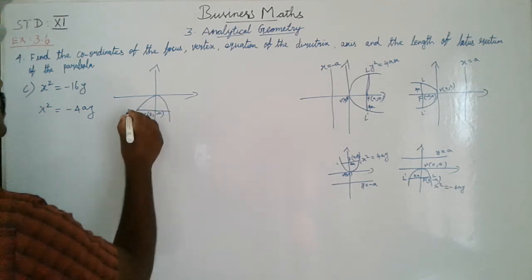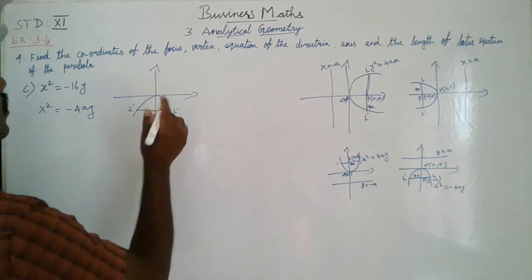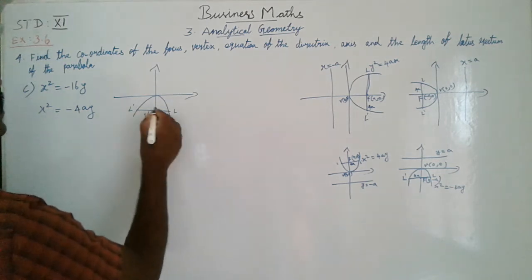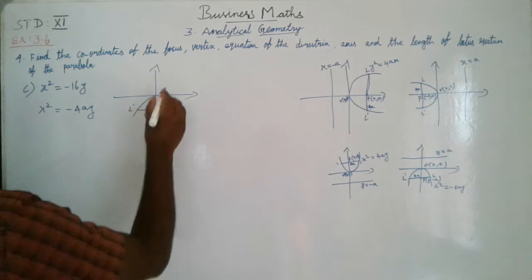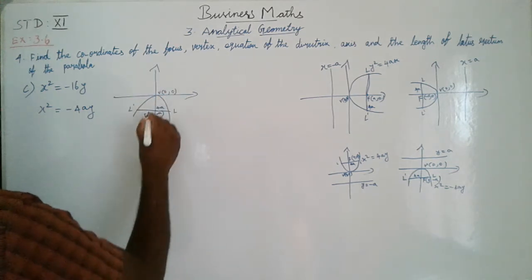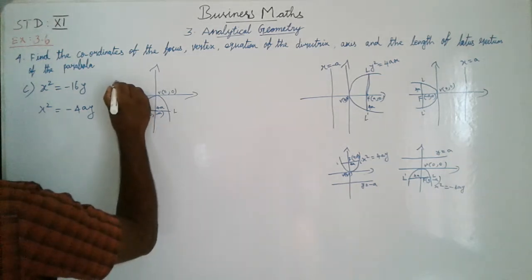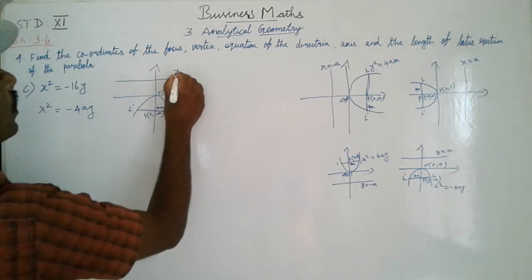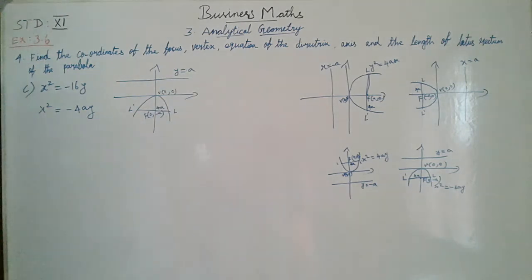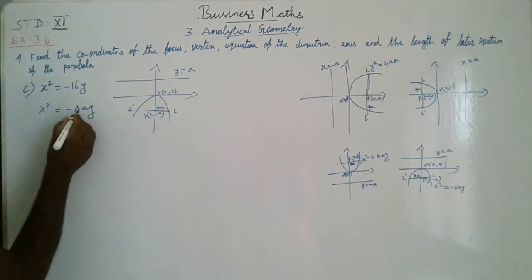Latus rectum L'L is 4a. Vertex V(0, 0). Axis is the y-axis. Directrix y equal to a. So we should find the a value.